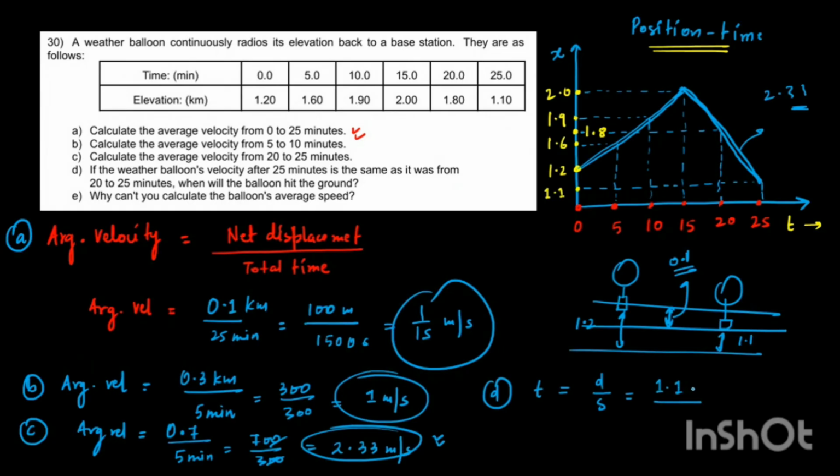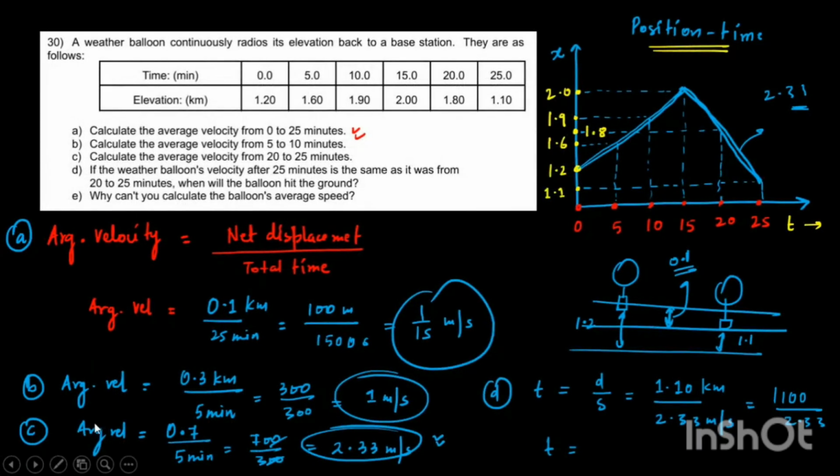And what is the speed with which it is traveling? 2.33 meters per second. Now we have to convert these kilometers into meters, then only we can find the time. That is going to be 1100 meters by 2.33. So how much time will it take? Divide 1100 by 2.33.